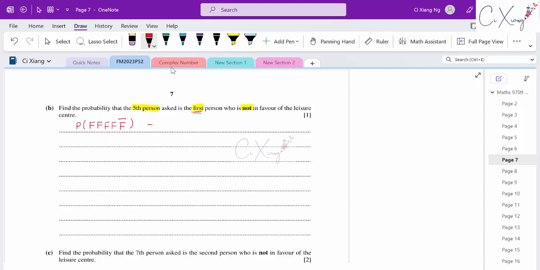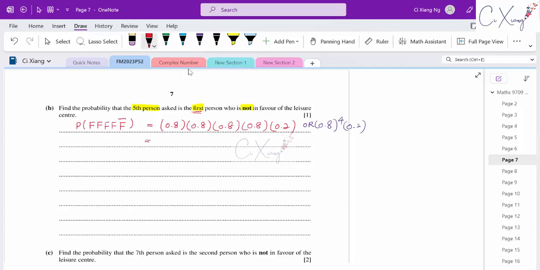To calculate the probability for this case, the first person in favor will be 0.8, second person in favor also 0.8, third person 0.8, fourth person 0.8, and the fifth person is not in favor, so it's 0.2. Of course, you can simplify your answer to 0.8 power 4 times 0.2, and this pattern is actually the same as what we had in geometric distribution.